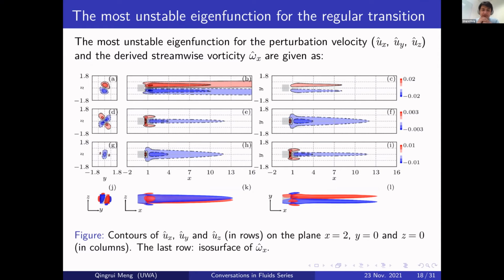This is the result for the most unstable eigenfunction. The first three rows show the components of the perturbation velocity on some slices, and the last row is the isosurface of the derived streamwise vorticity.